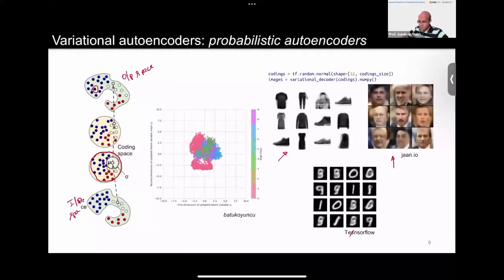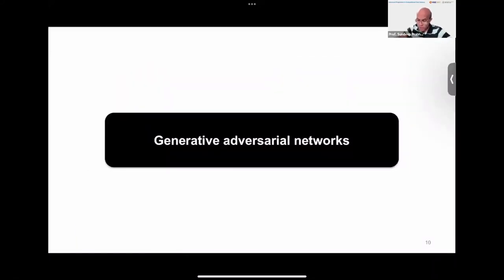Okay. So now, having introduced this, we will look at the other very popular, predominantly used generative model, which follows a different school of thought compared to variational autoencoders.